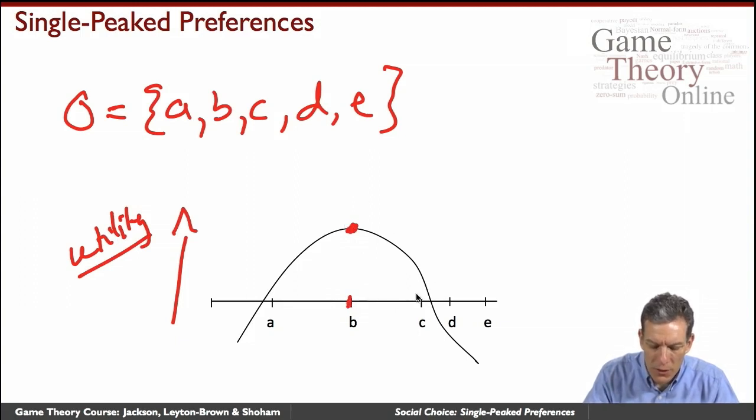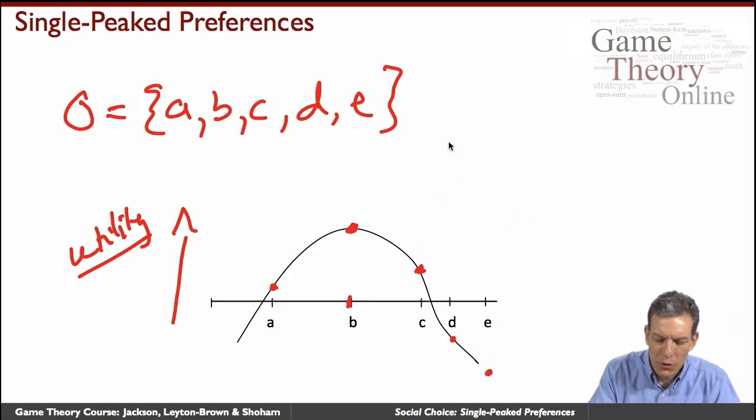And then when we look at the other alternatives, in this case, C would be second highest, A would be third highest, then D, and then E is way down here. So their preferences would look like B, C, A, D, E in terms of a ranking.